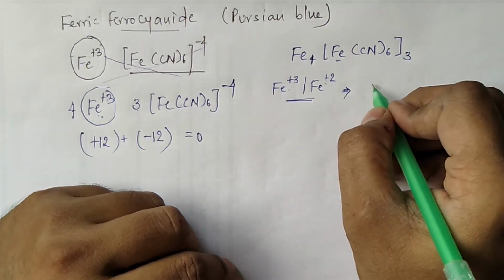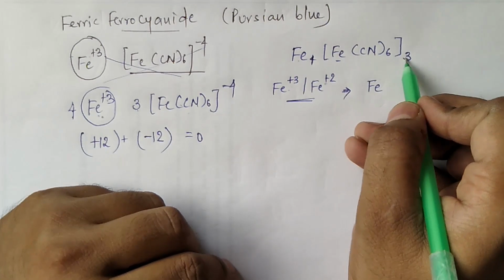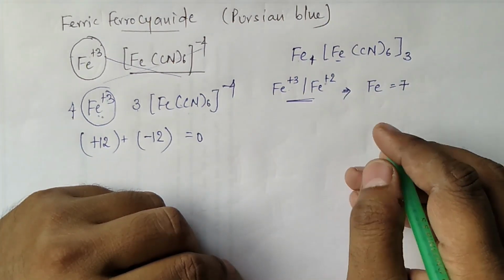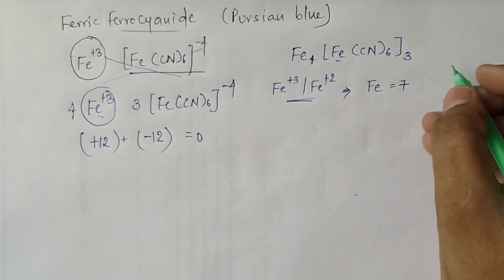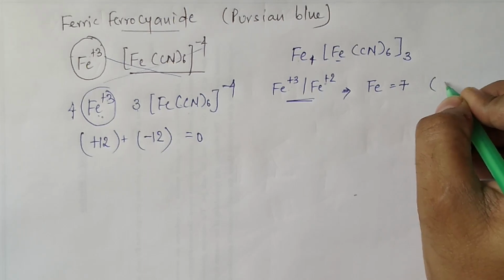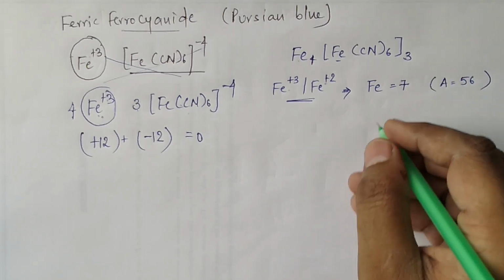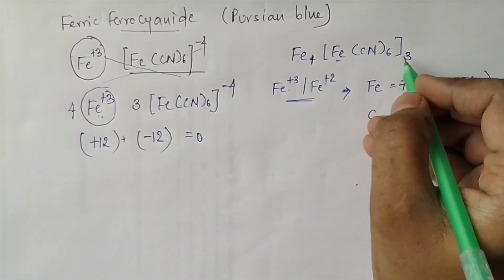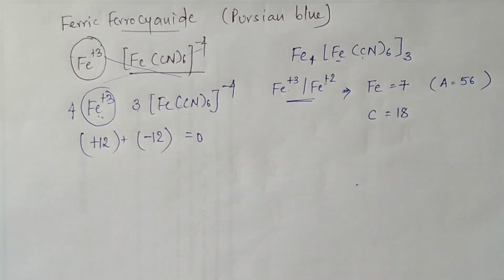So I need to calculate Fe only, the atom, and if you see carefully, these are 4 atoms and these are 3 atoms, so the total Fe atoms will be 7. Okay, and what will be the mass of Fe? The mass of Fe is A equal to 56. Same way, now I am having carbon, 6 3s are 18, so there will be 18 carbon atoms.